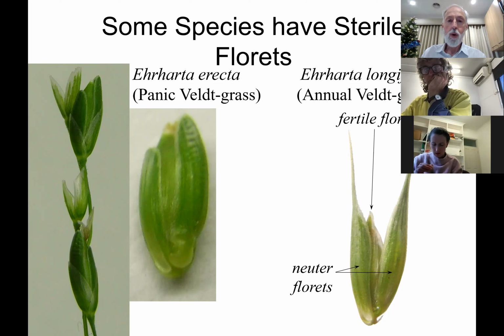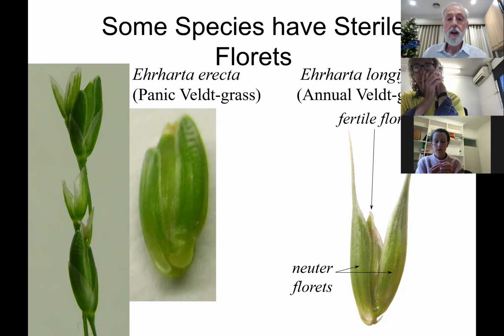So I worked on the key so that you do not need to sort out which are the neuter bits, which are the male bits, which are the bisexual or fertile bits. Instead, I've used other characters, as you'll see later on in this session.